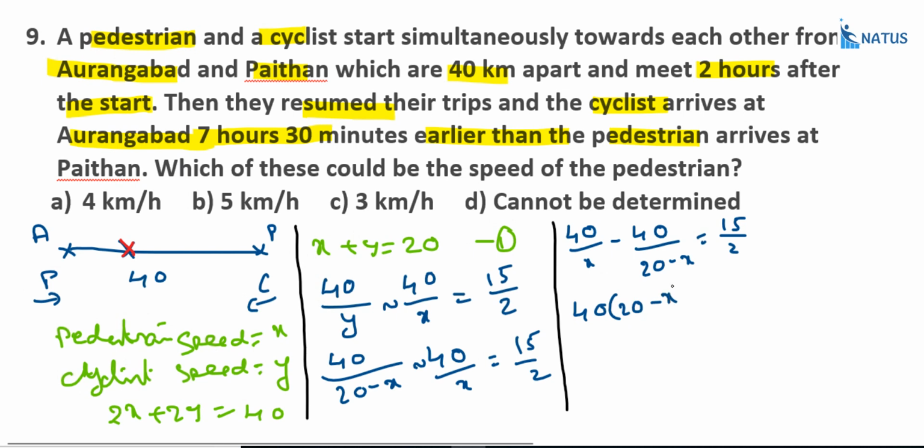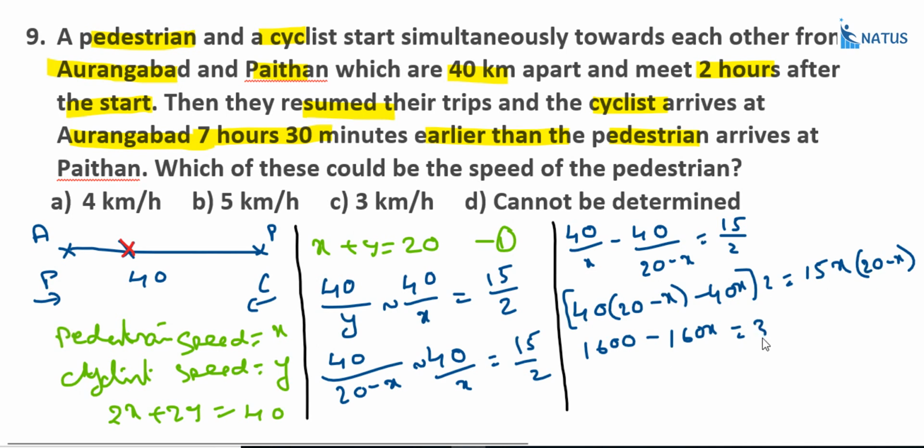So this is equal to 40 into 20 minus x minus 40x, into 2, is equal to 15x into 20 minus x. Right? So 800 into 2 is 1600, minus 40x minus 40x, minus 80x into 2, 160x, is equal to 15 into 20, that is 300x, minus 15x square.